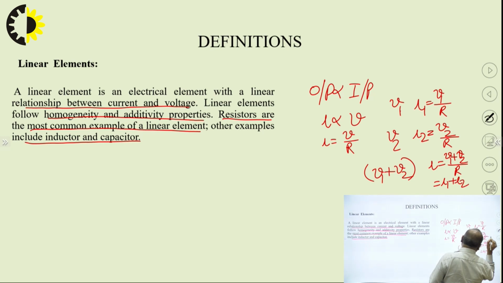That is known as the additivity property. So in a linear element, these two properties are satisfied: homogeneity, where output is directly proportional to input, and additivity, as explained. If both are satisfied, the element is a linear element.